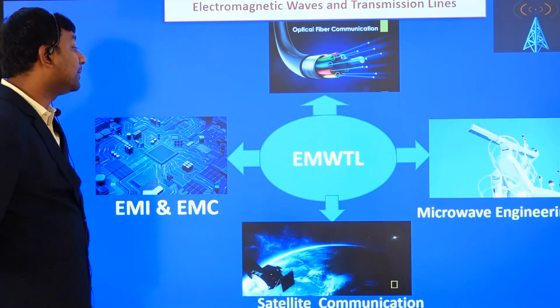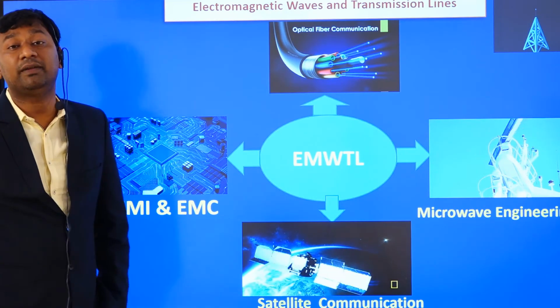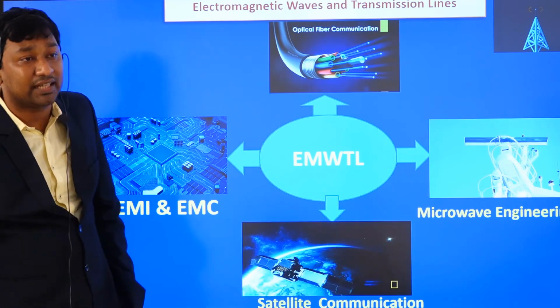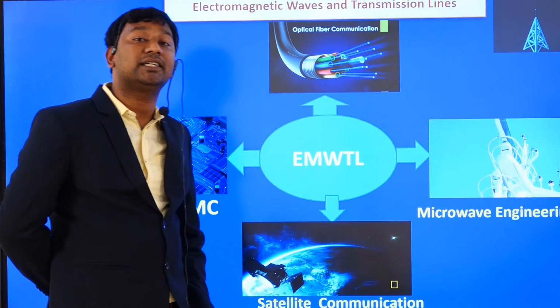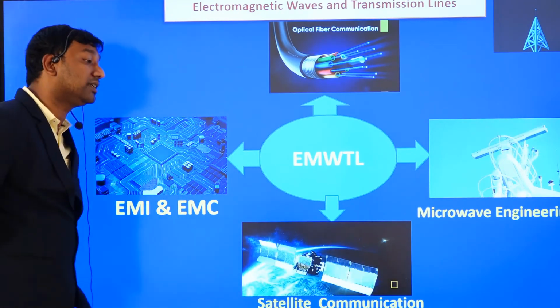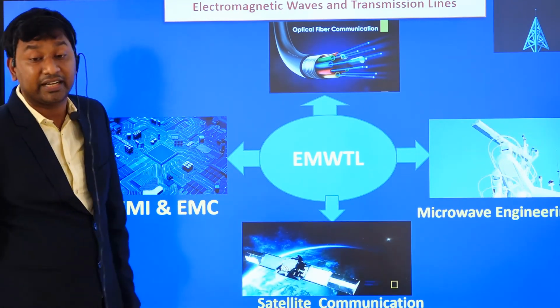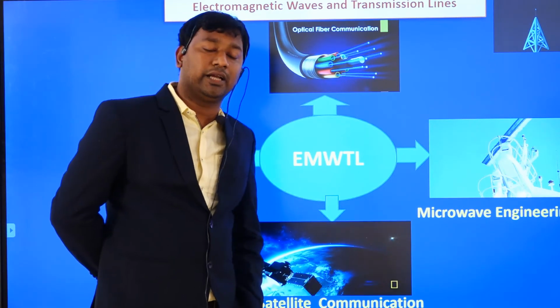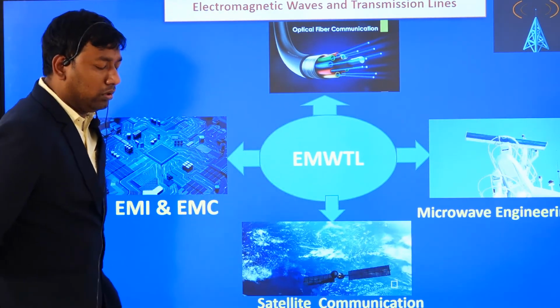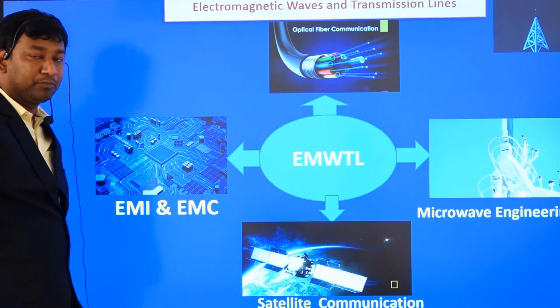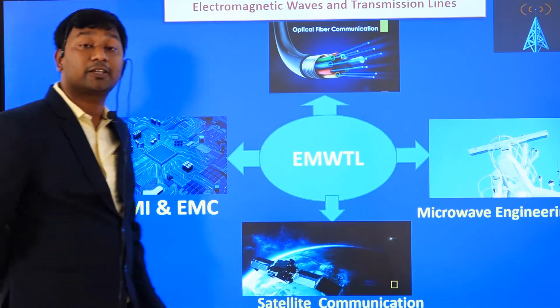There must be some electromagnetic interference when an electromagnetic signal is transmitted and the receiver is capturing signals, which also consist of electromagnetic waves.